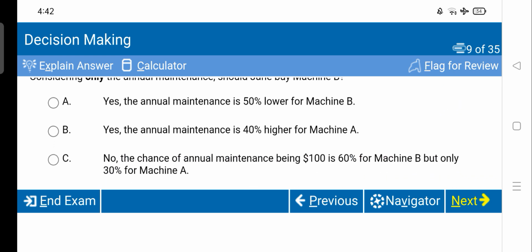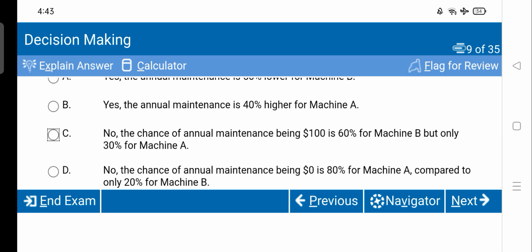Option A: yes, the annual maintenance is 50% lower for machine B. Option B: yes, the annual maintenance is 40% higher for machine A. Option C: no, the chance of annual maintenance being $100 is 60% for machine B, but only 30% for machine A.